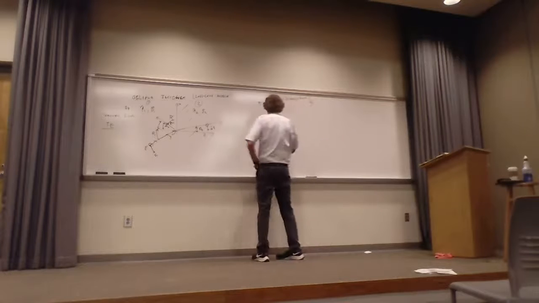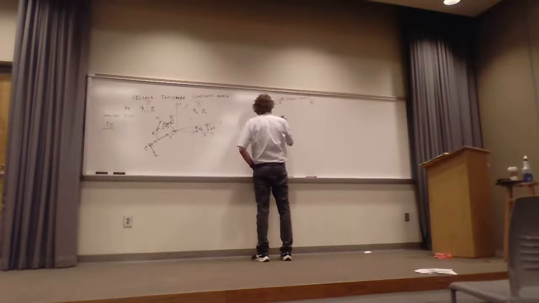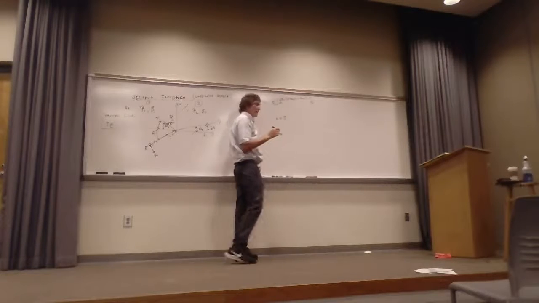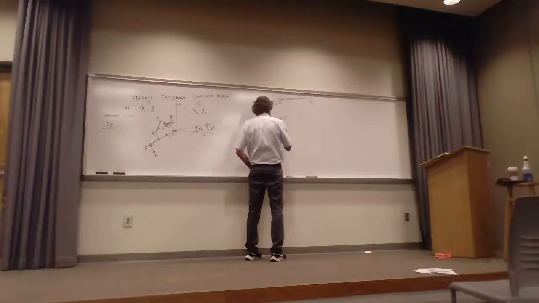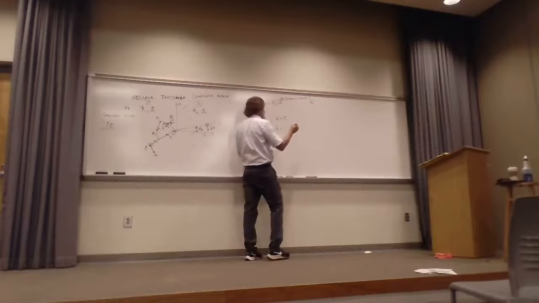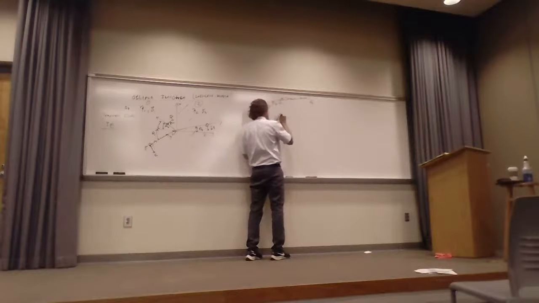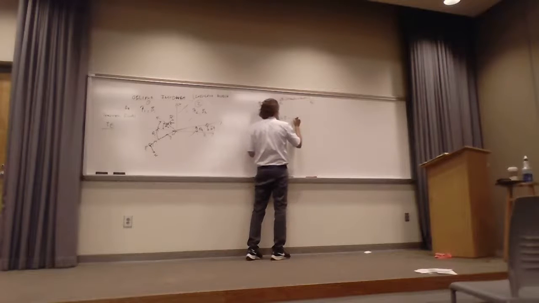Let me just digress for a second. So K is equivalent to beta, all right? But K will always have a vector sense. So K will be a vector. Now, what is this actually? The magnitude of K is this. K is equal to, in our case, omega square root of mu epsilon.